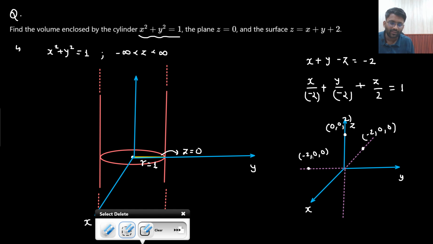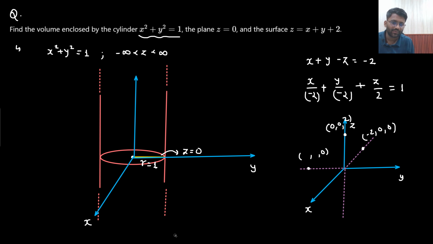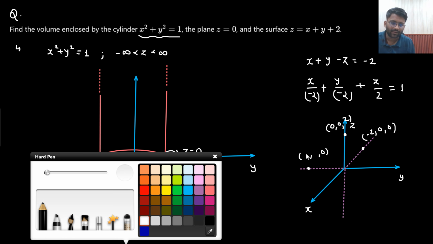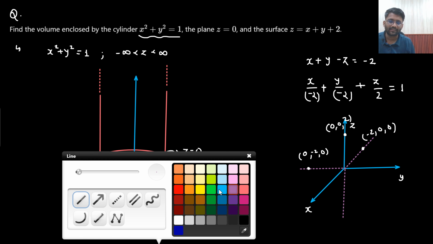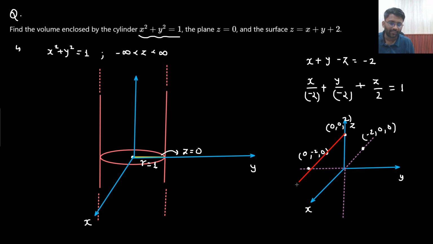So it will be a plane which will be passing somewhat like this. Very tough to visualize in 3D, but more than enough visualization I have given.